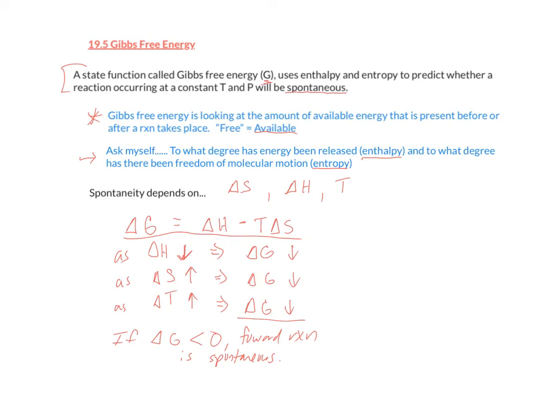Some more to go along with that. So if delta G is negative, like I just said, the forward reaction is spontaneous.